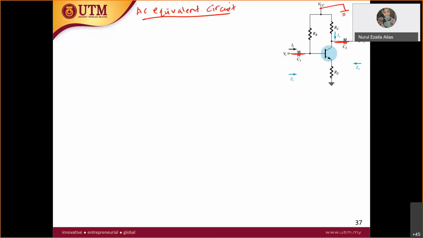You have R pi from base to emitter, and from collector to emitter you have gm V pi. And you have V pi here.